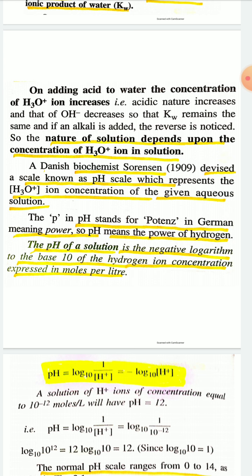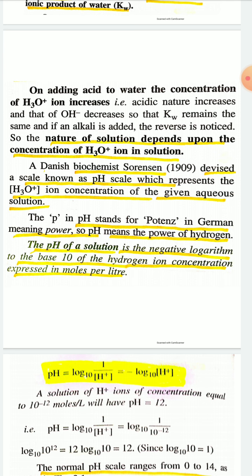So pH is equal to log base 10 of 1 by the concentration of H+ ion, that is 1 by [H+], or you can also write pH is equal to minus log base 10 of the concentration of H+.